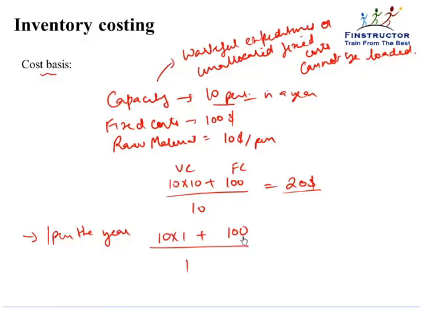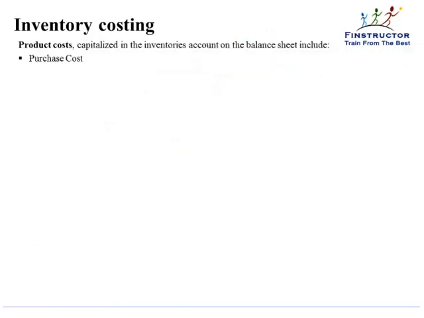So $100 was the cost attributable to 10 pens. So for one pen, only 1/10 of this cost will be attributable, or the cost of my inventory will still be $20.